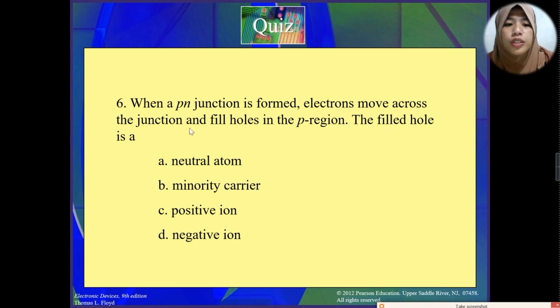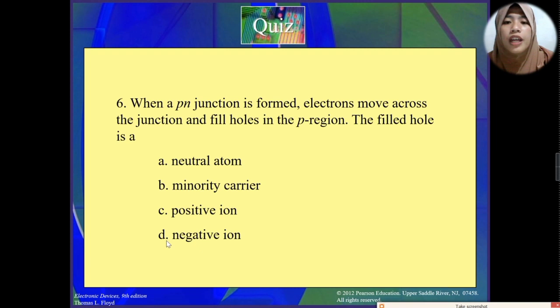The filled hole is A, neutral atom, B, minority carrier, C, positive ion, D, negative ion. The answer here is a negative ion.